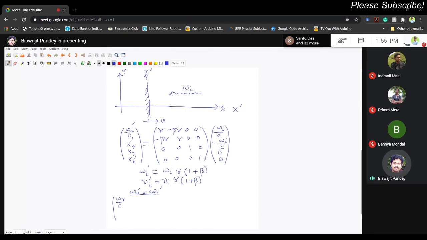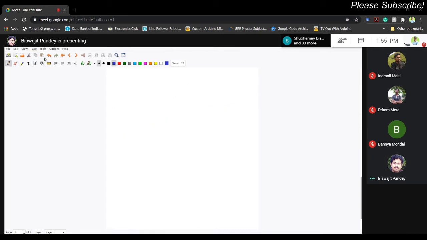So omega r by c, and then where is that? Maybe you can go to the next page. Little space left. Okay.